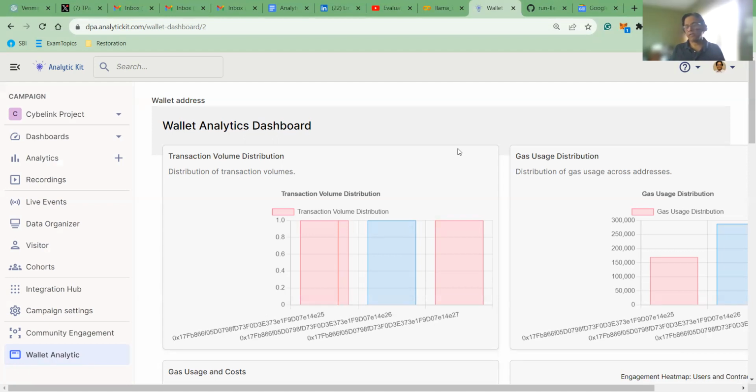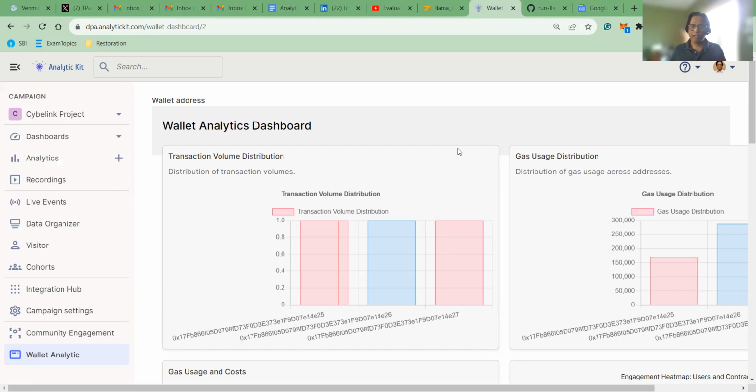Say if somebody has two wallet addresses, then once they log into your website and start using the wallet, we will grab the wallet addresses and store them in our database, and every night we will get all the transactions that happened on the Ethereum blockchain and store them in our system so that you can view it.